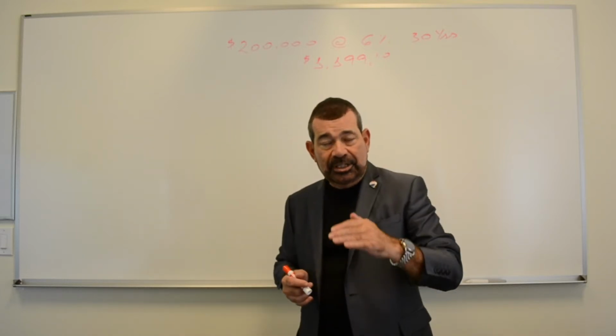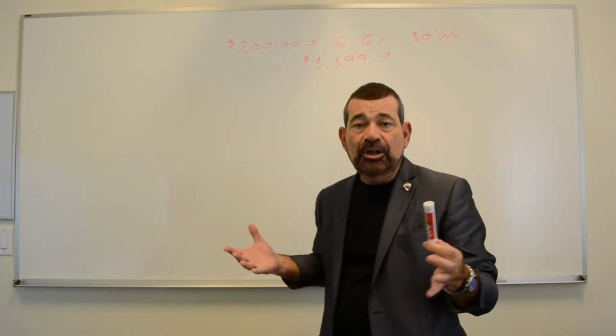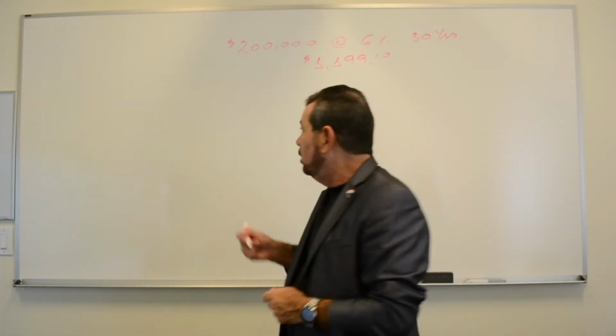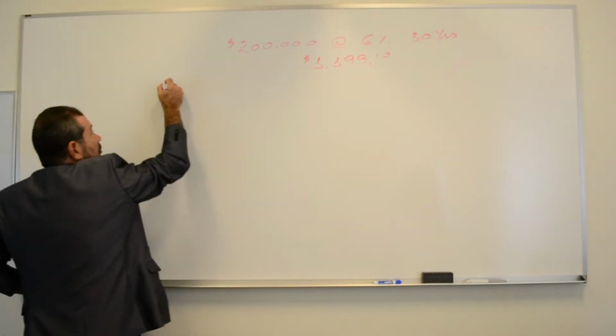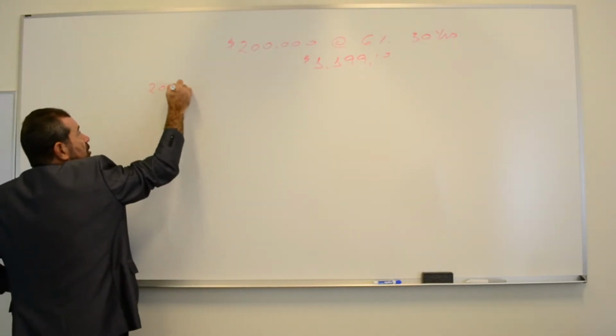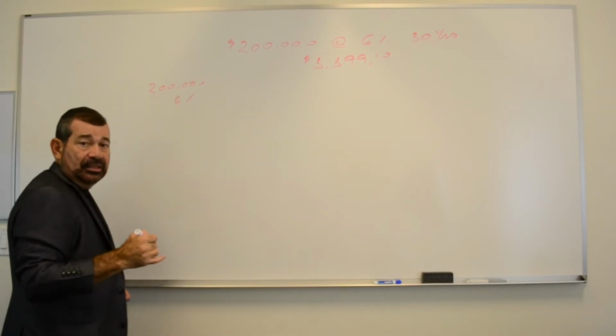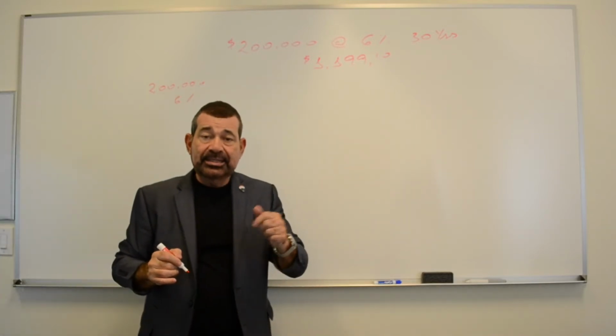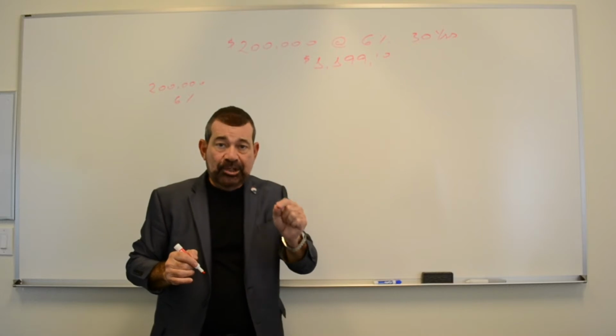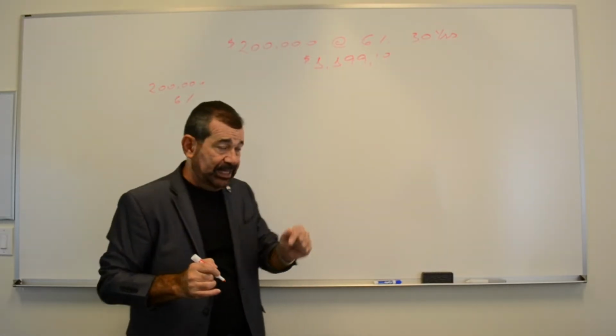If you are on a simple interest, this is how you would pay, let's say interest only. You would get your loan amount, which is $200,000, and you would apply 6%. Now, remember one thing, 6% is your annual interest rate.